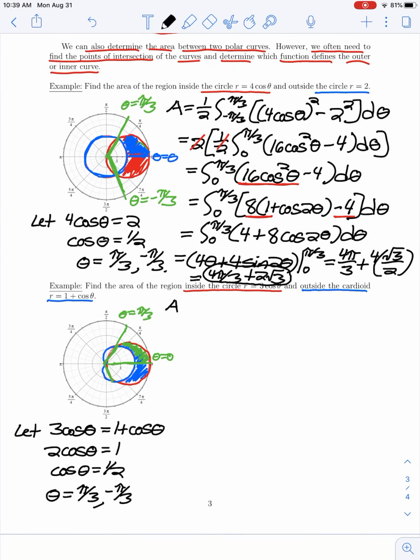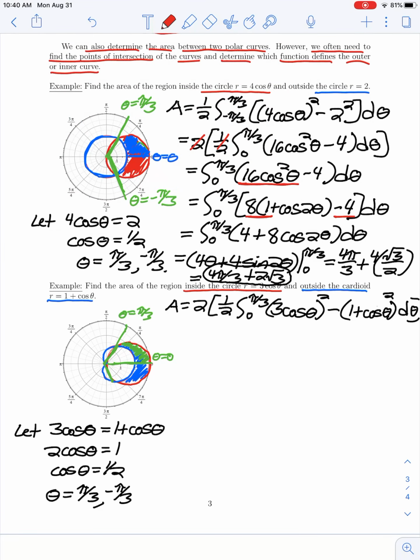So to set up our formula for area, we're going to take twice the area of that top half of this region, which is half the integral from 0 to pi over 3 of our outer function squared. So the outer function was 3 cosine of theta squared minus the inner function, which was 1 plus cosine of theta quantity squared, integrating with respect to theta.